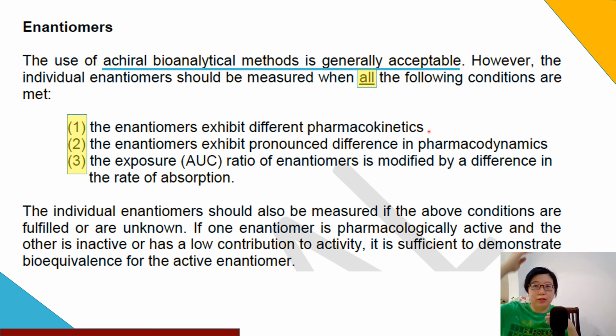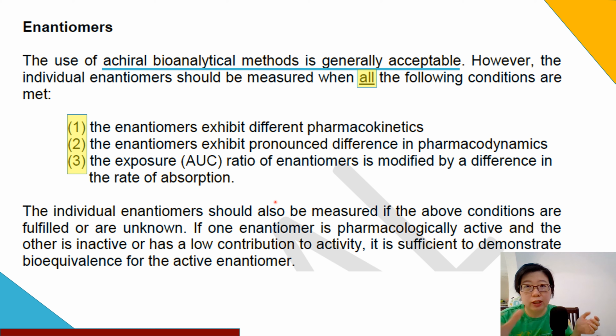So maybe they bind the target differently, for example, with different binding strength, and they produce very different efficacy, right? Or even a very different toxicity profile, because they bind to different enzymes selectively. Who knows? And the third one is that the AUC ratio of the enantiomers is modified by a difference in the rate of absorption. So again, it can be very different.